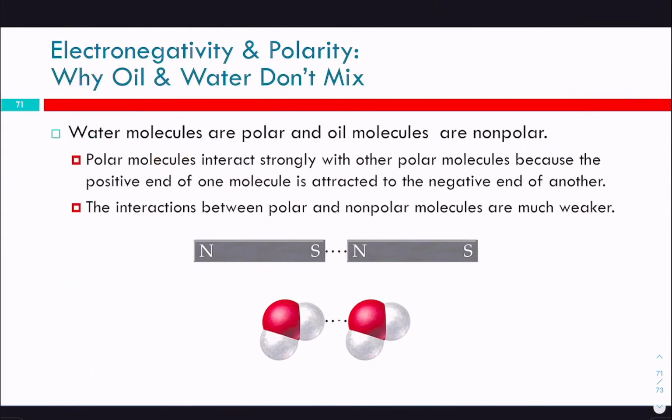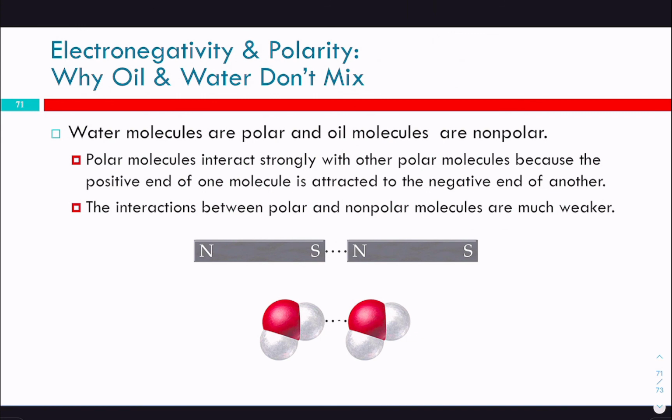All right. So the reason that oil and water don't mix is that when you have polar bonds, like I was saying before, they line up all together, and then they're attracted to each other because of those opposite charges. And so they snap together like magnets. And when they snap together like that, they actually push out all of the oil molecules.